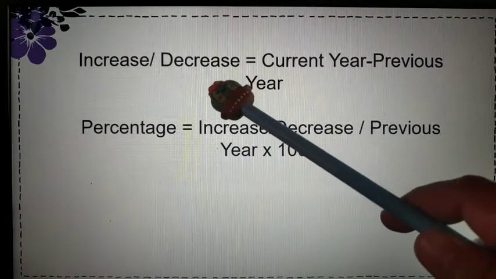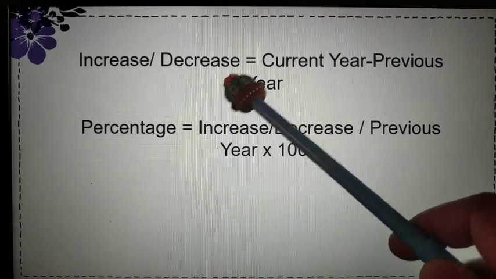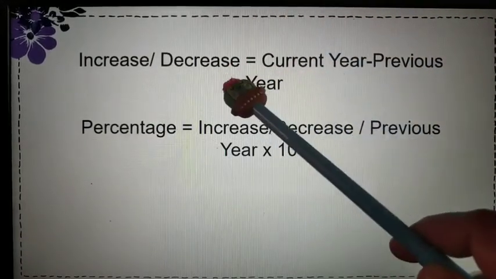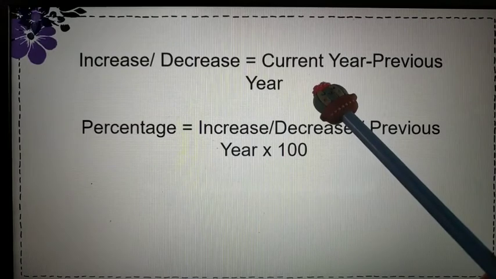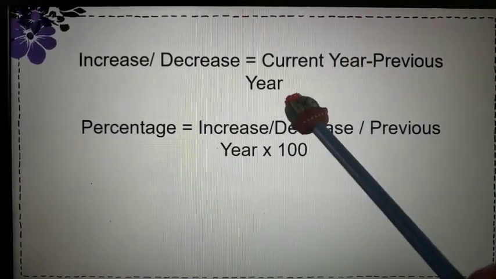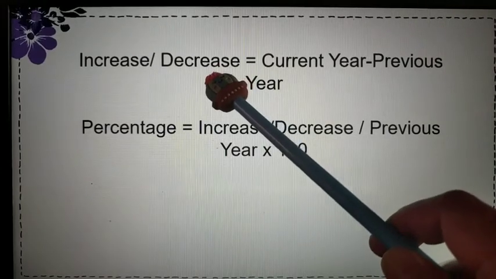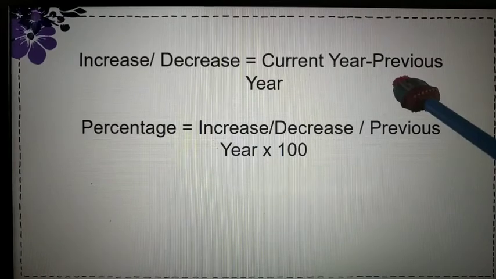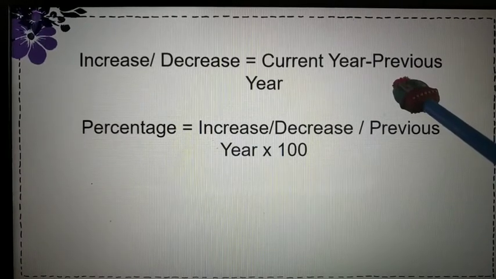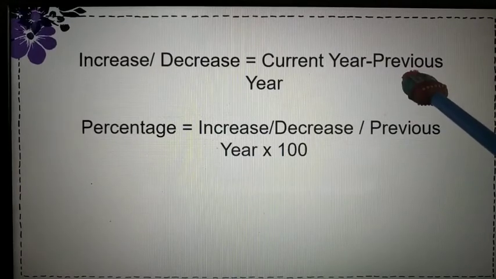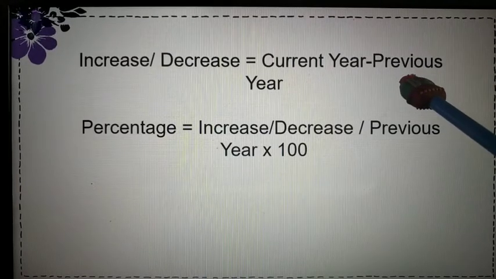In getting the increase and decrease, you are comparing two years for you to understand what is happening in the first year and the second year of your company, or the current year and the previous year. So you get the increase and decrease from the current year minus the previous year. For example, if the current year is 2020, your previous year is 2019.